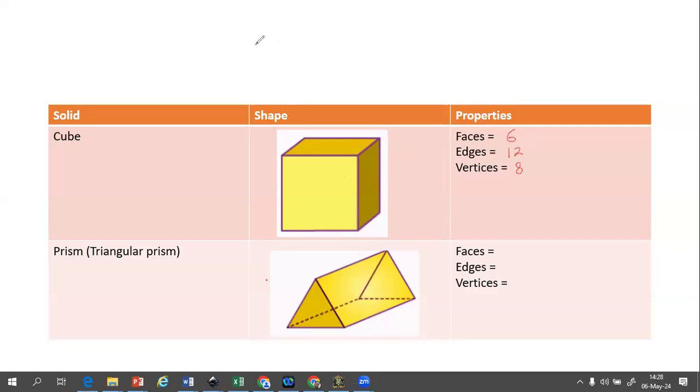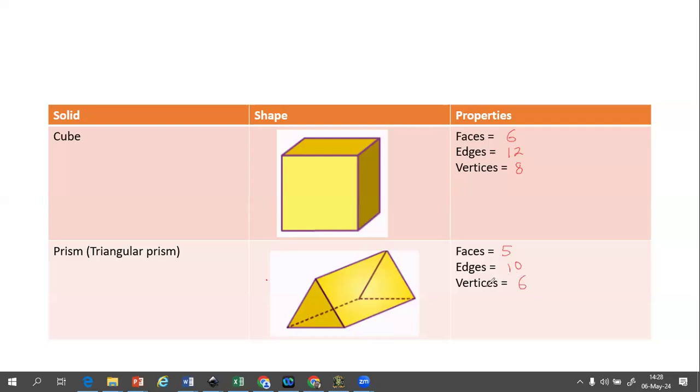Okay, Loslin is telling us that a prism, yes, the edge. It has 5 faces. 10 edges. And 6 vertices.